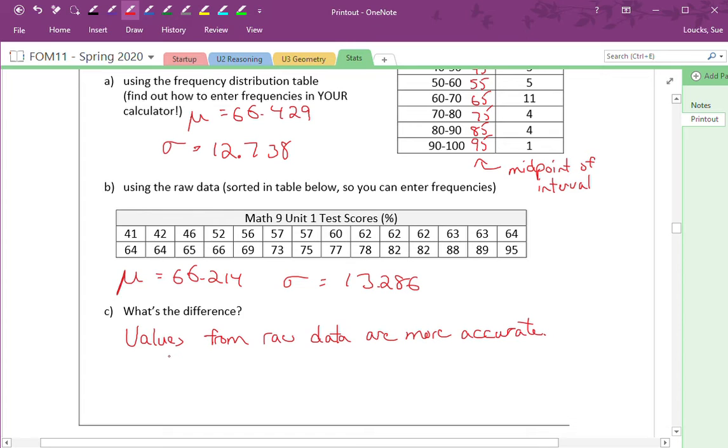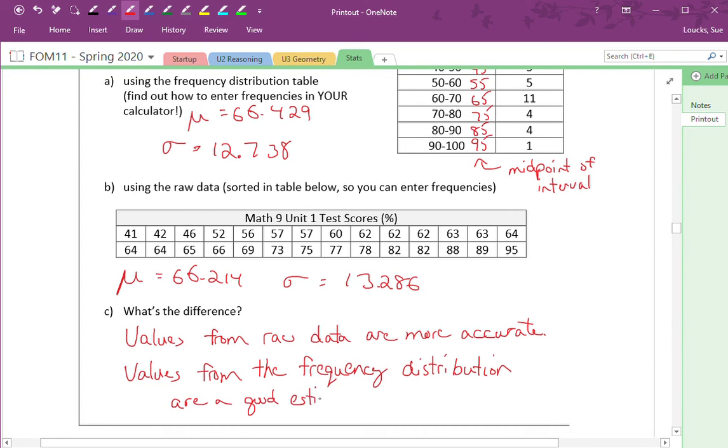But having said that, the values from the frequency distribution are a good estimation. They're reasonably close, right? They're not as good. Obviously, you choose to use the raw data if you can, but if you don't have access to it, this is okay. Okay, that's it.